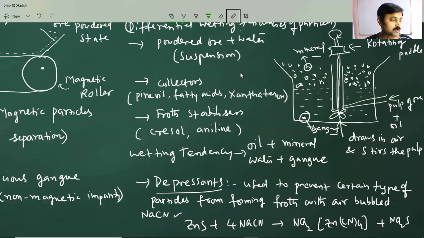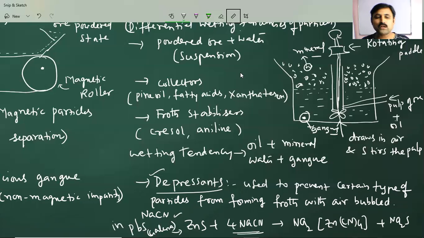That means when you are purifying galena, which is lead sulfide, and zinc sulfide is present in it, what will happen? That zinc sulfide can be separated out using depressants. Where ZnS is present in PbS, that is galena, the ZnS will definitely be removed in the form of a complex by sodium cyanide.